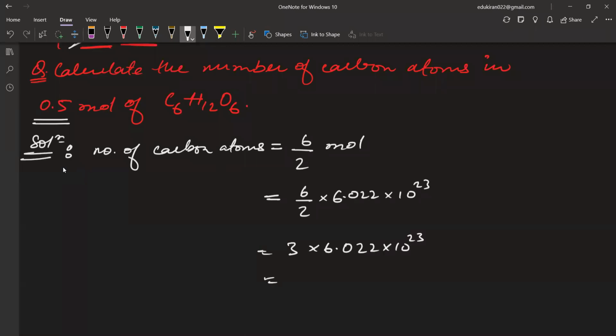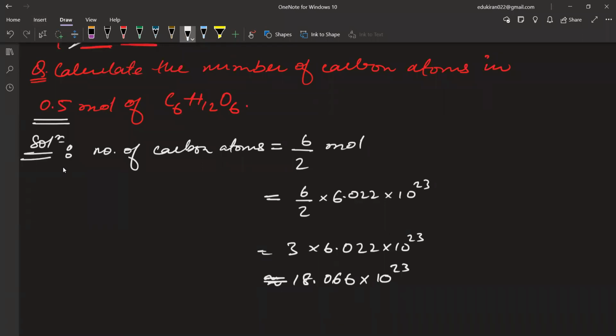This will be approximately 18 into 10 to the power 23. Yes or no, please tell me. We can also write this as 18.066 into 10 to the power 23. I think multiplication is easy here. Easy, yes or no? Very easy.